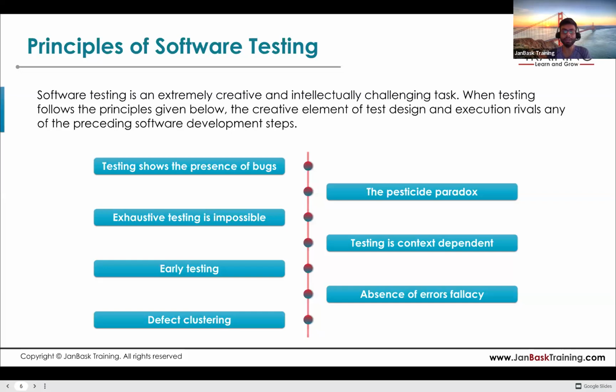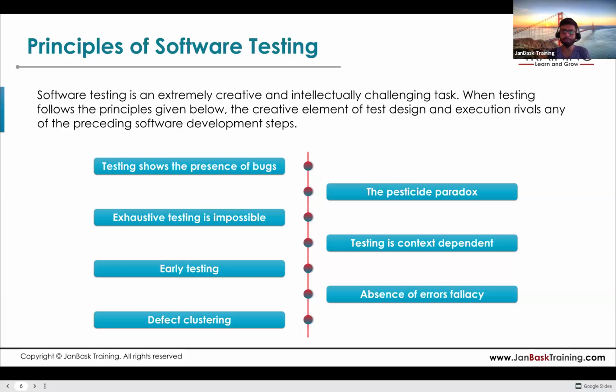But the end goal is to make it as bug free as possible, and there should not be any major bug. Even if there are any minor bugs, you should report them. Let the business owner, the product owner, or the management decide whether they have to be fixed or not.